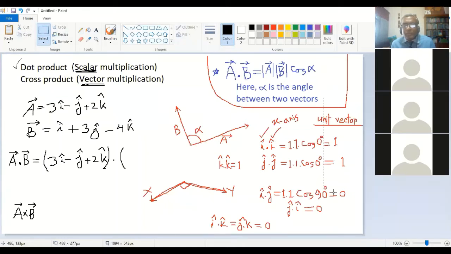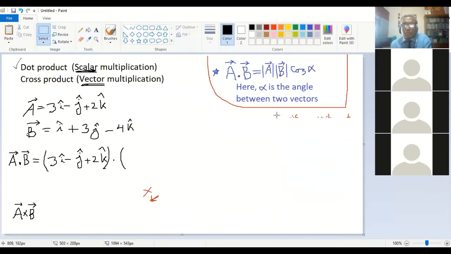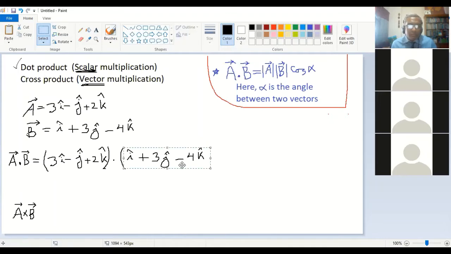Let me erase all this because you already understand these things. We need space. So we are now putting the values for A and B, and go for the calculation.